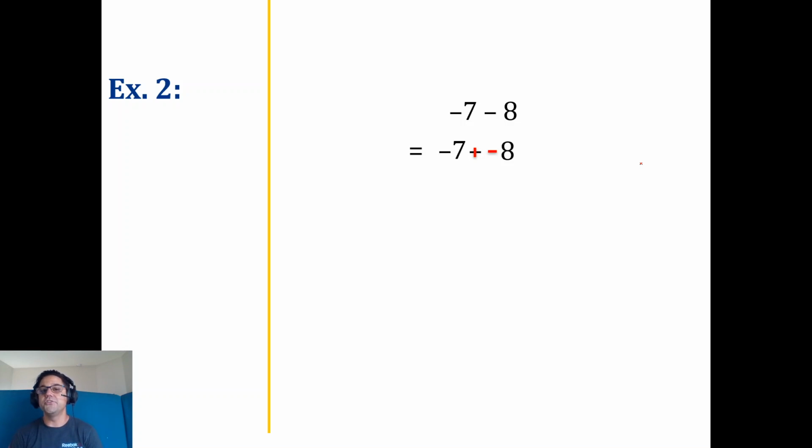Now, according to our integer rules with adding same signs, it really just means add them up, keep the same sign. So 7 plus 8 is 15, but I must keep my negative sign. Yay. Again, as basic as this should be and sound, a lot of students make mistakes because they go too quickly. Now, don't rush, please. Take some time.